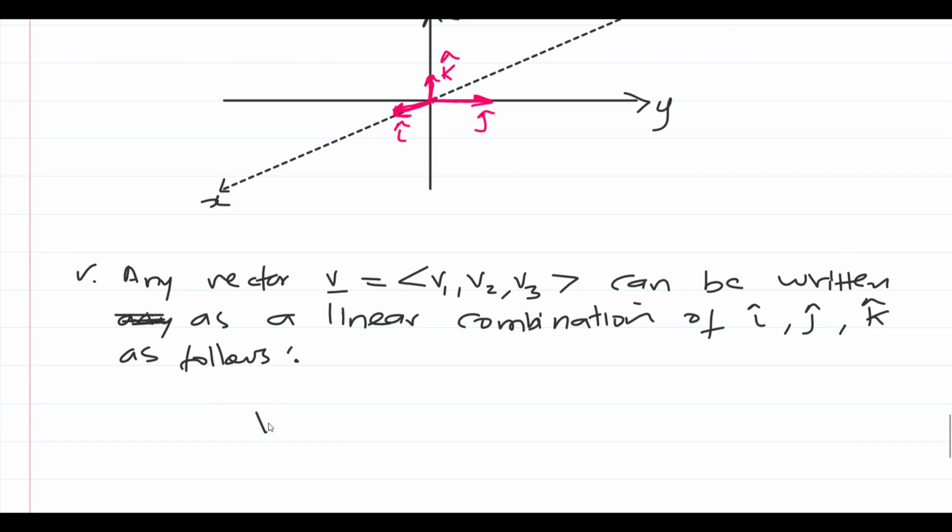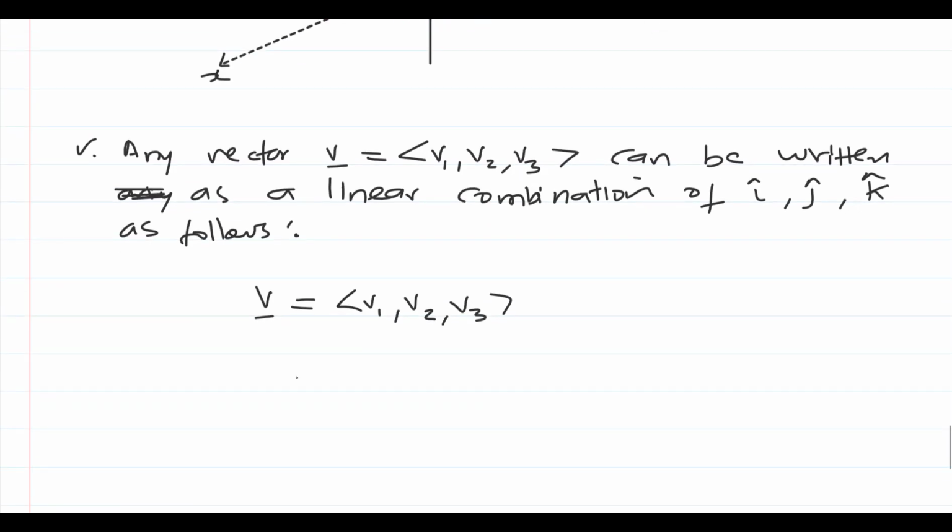So we have v, which is equal to v1, v2, v3. That's what we know for now. How do we write it as a linear combination? What if I take the other components to be zeros, and for the y part I remain with that component, and I also do that for the z part?